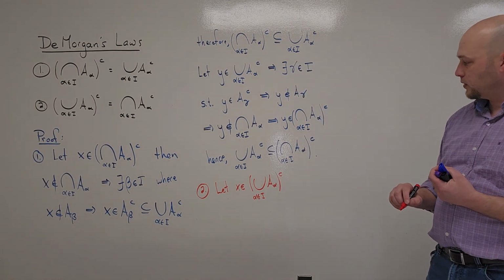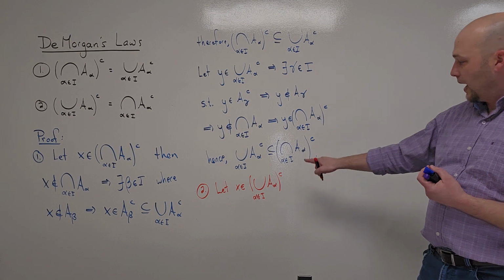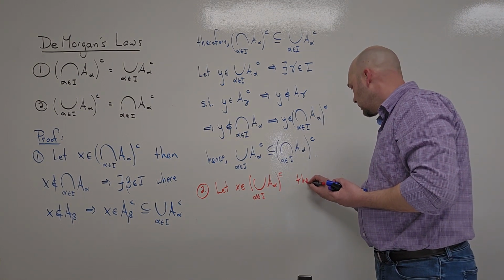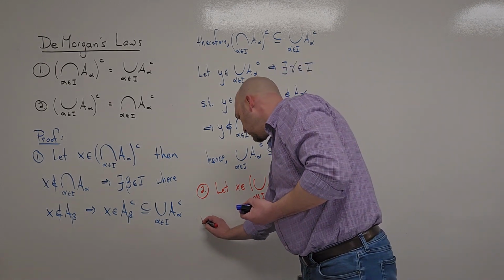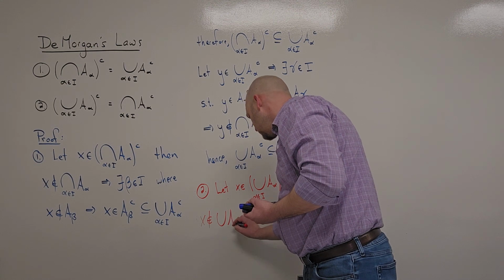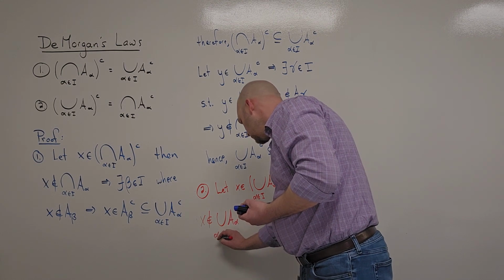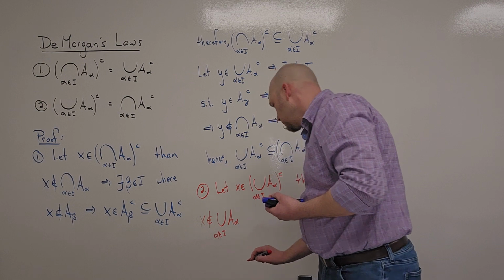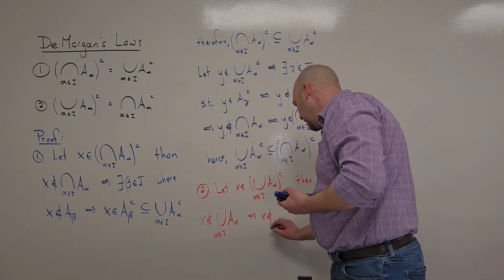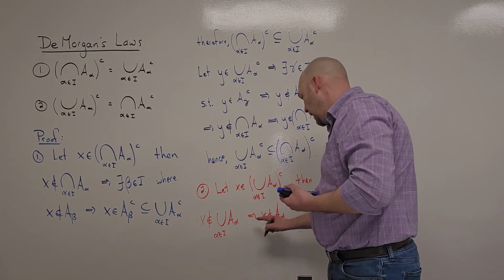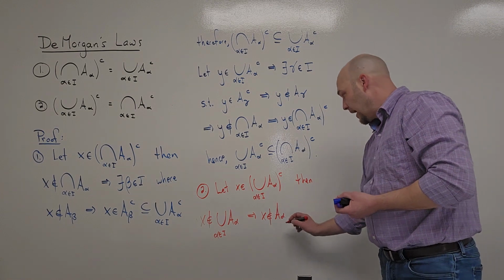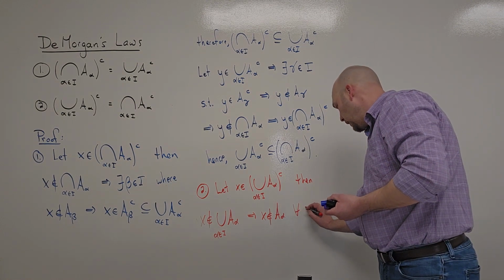If X is an element of the complement of this union, that says that X is not an element of the union, which says X is not an element of any of these. If X is not in the union, then it's not in any of these. So X is not an element of A alpha for every alpha in I.